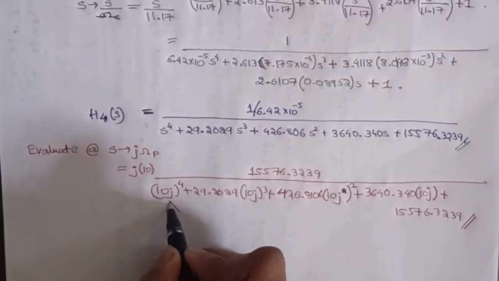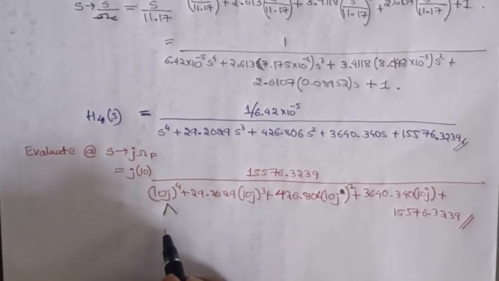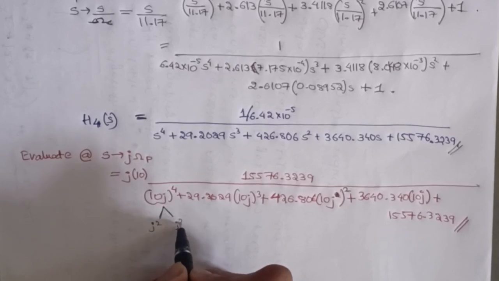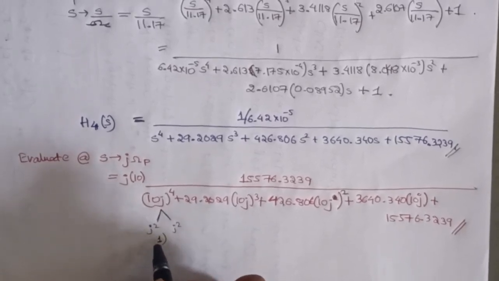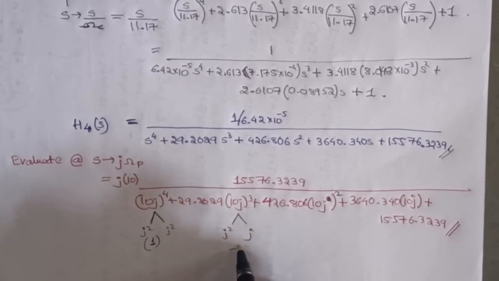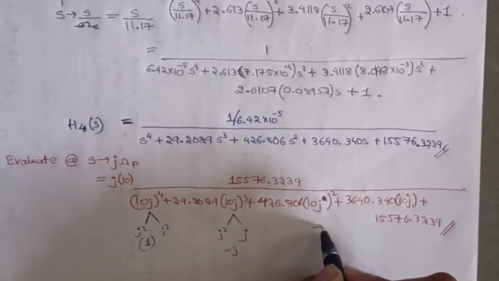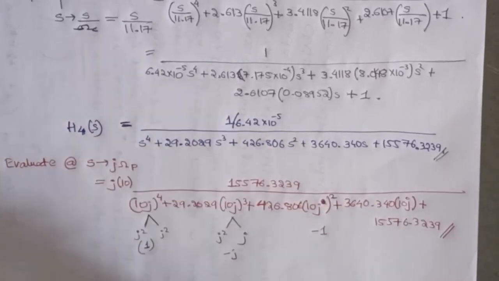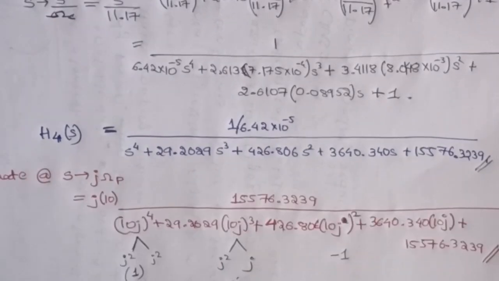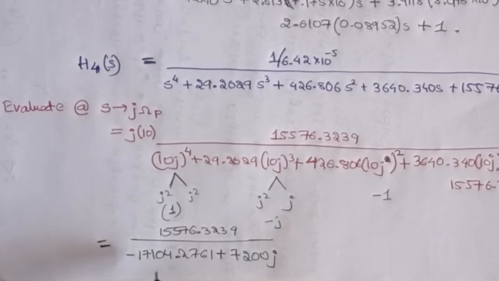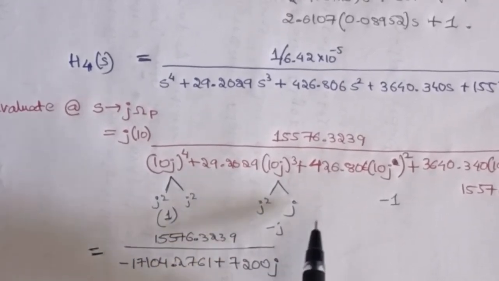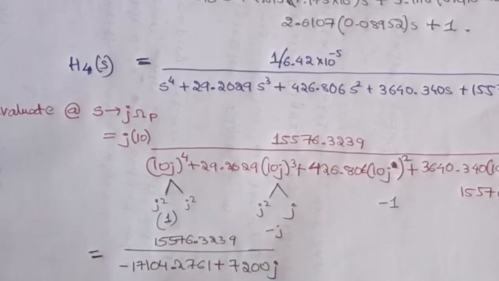We have to open this bracket to solve the powers. j power 4 can be written as j square into j square, which becomes 1. Similarly j cube is j square into j, which becomes minus j, and j square becomes minus 1. This j remains as it is. So we obtain a real part and an imaginary part. By summing up, the real part is minus 17104.2761 and the imaginary part is 7200j.